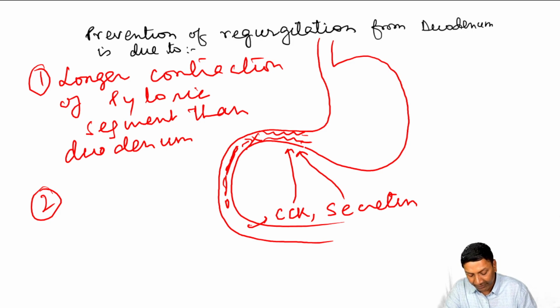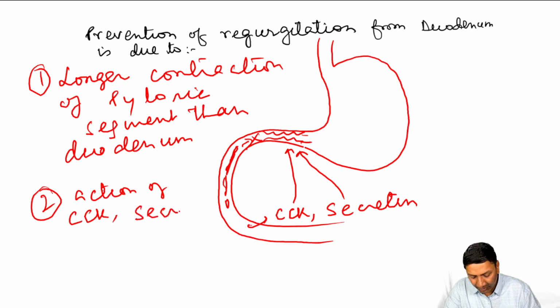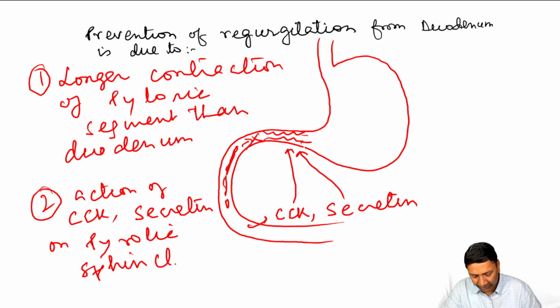So the second factor is the action of cholecystokinin and the hormone secretin on the pyloric sphincter, right.